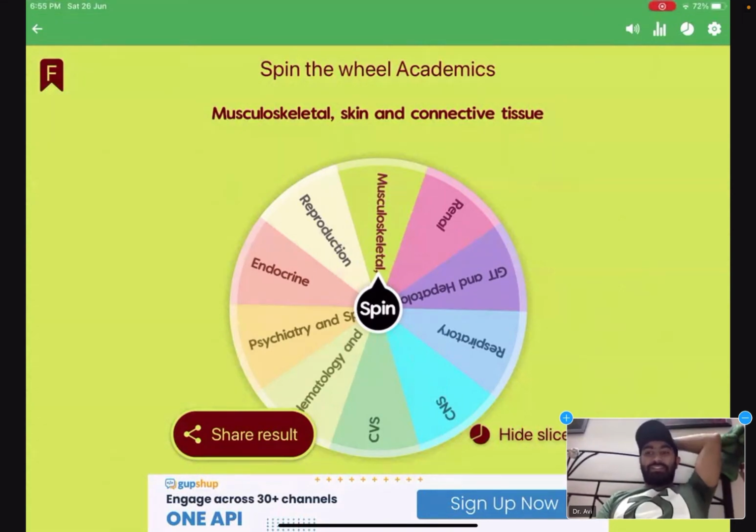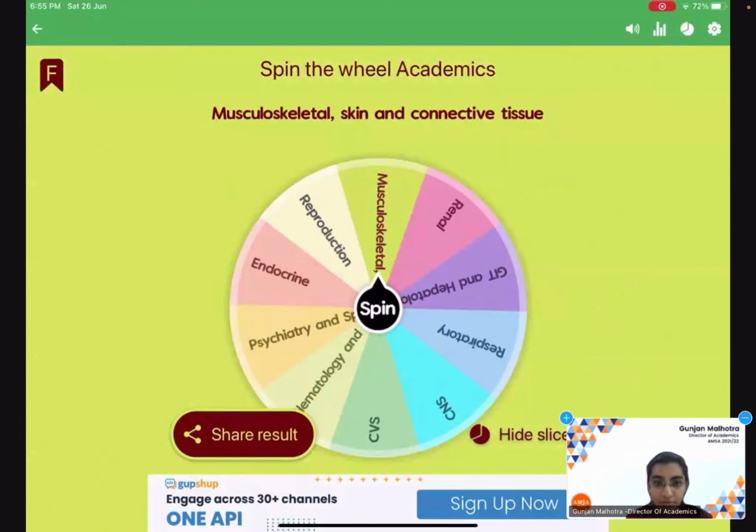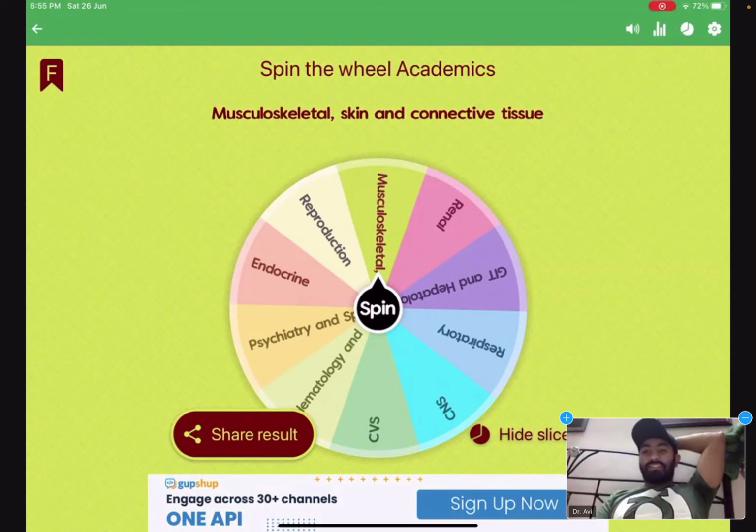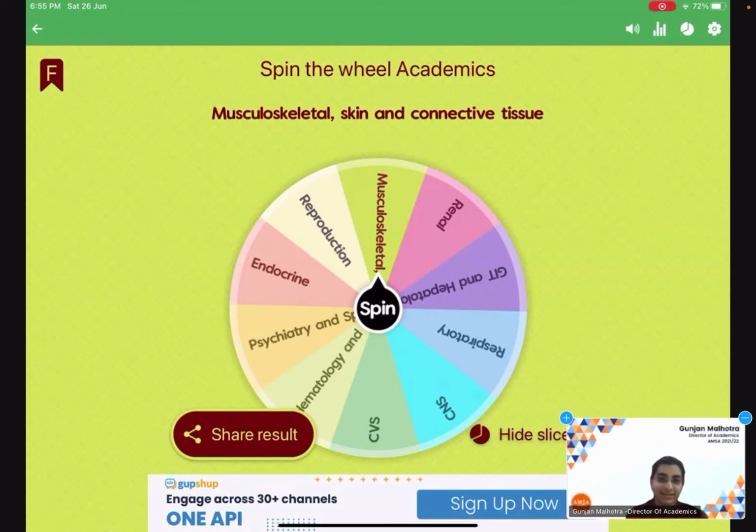Okay. I'm afraid that is incorrect. The correct answer is polyarthritis. It does not cause polyarthritis. And so the triad includes tenosynovitis, polyarthralgia, and dermatitis.